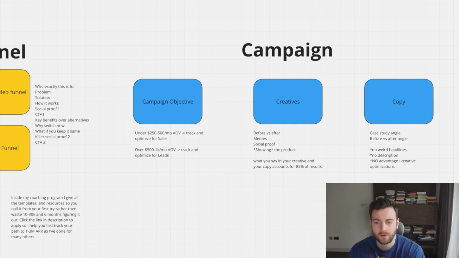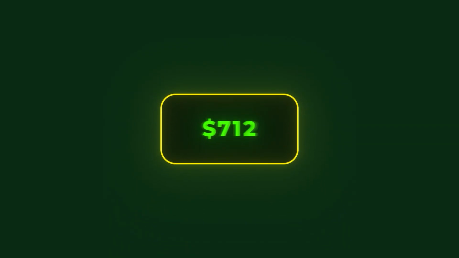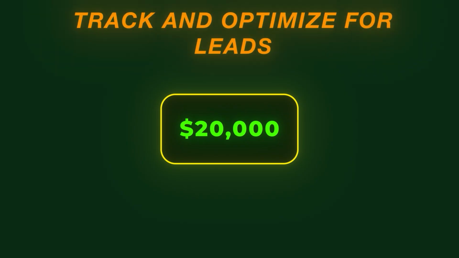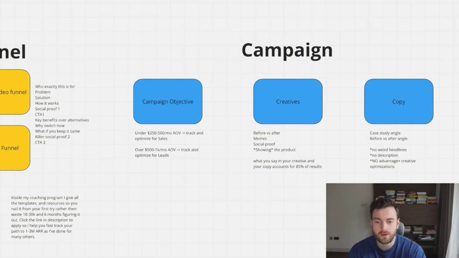Whereas when you're selling into $500 to 1K a month and all the way to like 10K a month, sometimes 20K a month solution, then you want to track and optimize for leads. The reason behind it is that typically you'd be selling through calls here, and you need to go above and beyond to show Facebook how everything goes into sales if your sales are only tracked on the very back end and have nothing to do with meta.